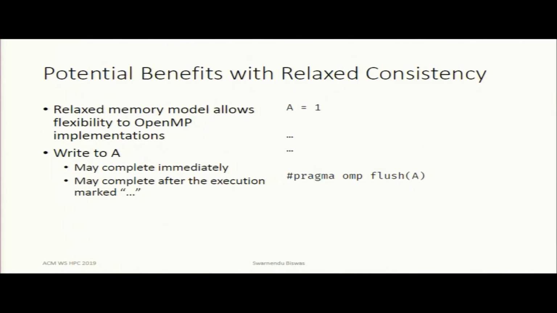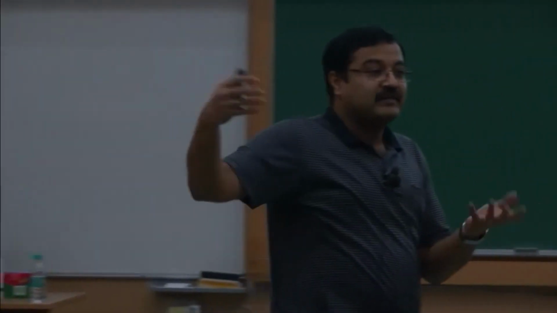You see the point? Think of yourself as a developer implementing support for the OpenMP runtime. If you see a store to A, because OpenMP provides a relaxed memory model, you are not bound to immediately make A visible to other threads. Whether you choose to do so or not is up to you, but you have that flexibility.